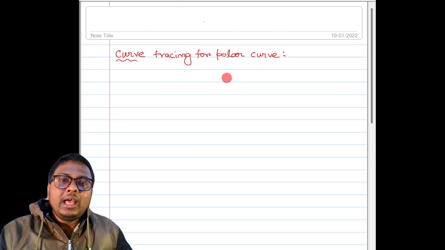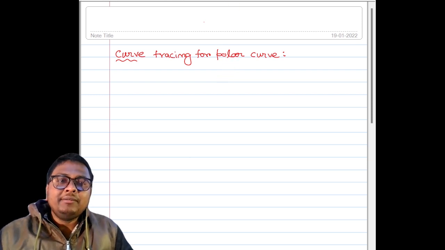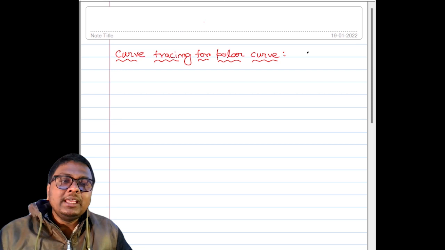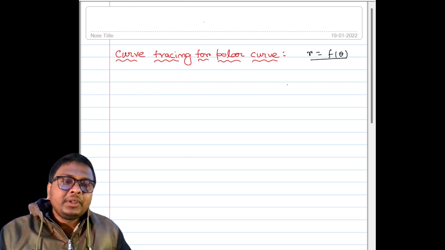Now today I will discuss curve tracing for polar curve. So polar curve means what? In this form, the equation of the curve looks like r equals f of theta. So today we will discuss this topic with an example.